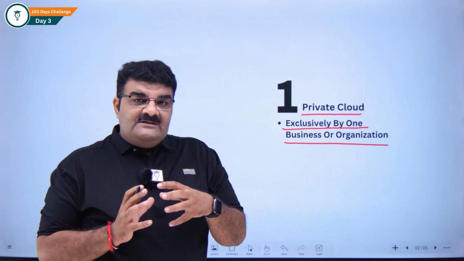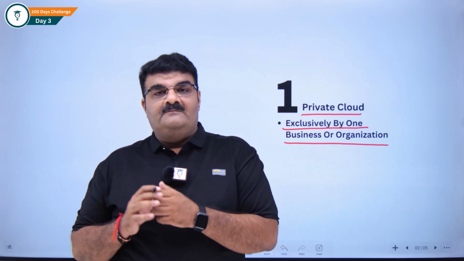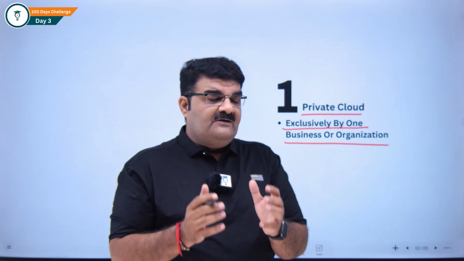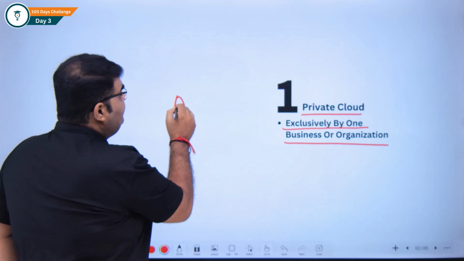Now, you may have one doubt, right? The doubt is, okay, then what is the difference between on-premises infrastructure and private cloud? Because if you have your on-premises infrastructure, your employees are going to use this, right? On-premises infrastructure is required to build your private cloud. Now, the difference is when you are saying that you have a cloud service, it means you have AAA.